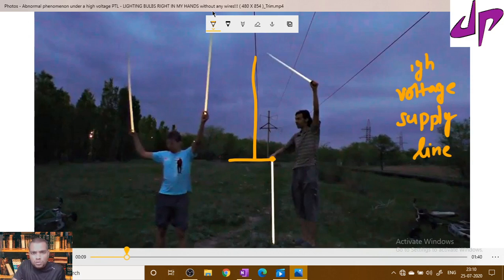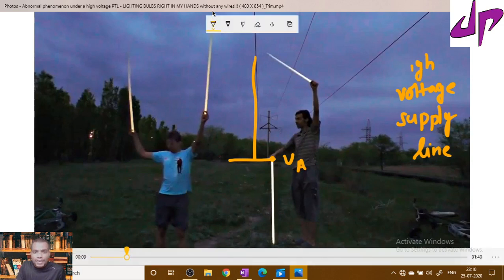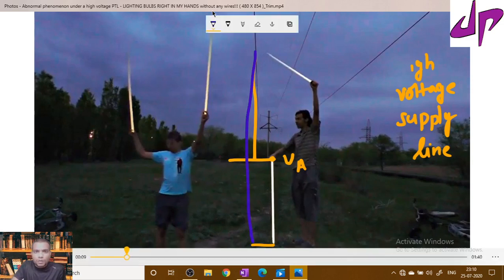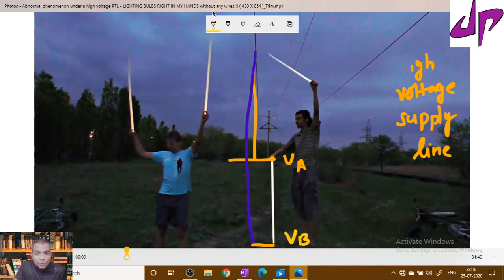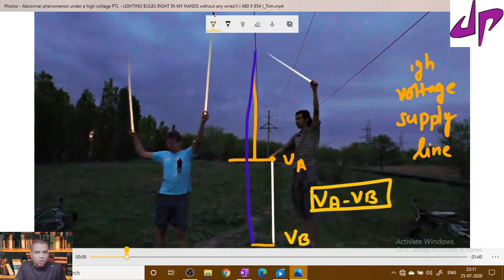Because of this source, an electric potential exists here, which I can take as V suffix A. And at the ground here, because of the same source, a potential also exists at point B, V suffix B. There is a potential difference between these 2 points, which I can write as VA minus VB. That potential difference causes this bulb to glow.